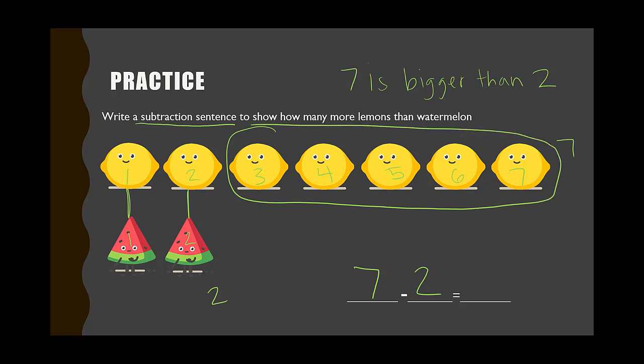And then we have to count them. So let's count how many are left over. 1, 2, 3, 4, 5. So I know that if I have 7 lemons and 2 watermelon, I have 5 more lemons than watermelons. So 7 minus 2 equals 5.